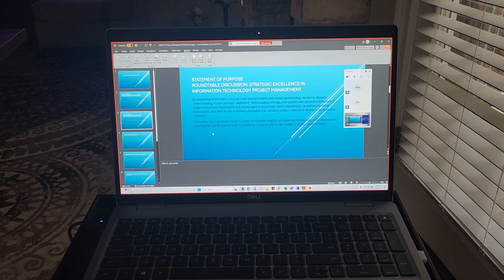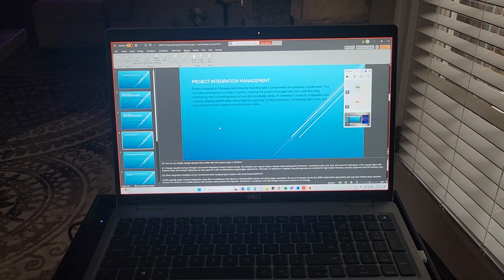Participants are encouraged to share their real world experiences, question prevailing frameworks, and offer forward thinking strategies that advance project maturity in diverse organizational contexts. Ultimately, our goal is to foster actionable insights, professional networking, and collaborative learning that can be applied both in academic research and high stakes IT project environments.